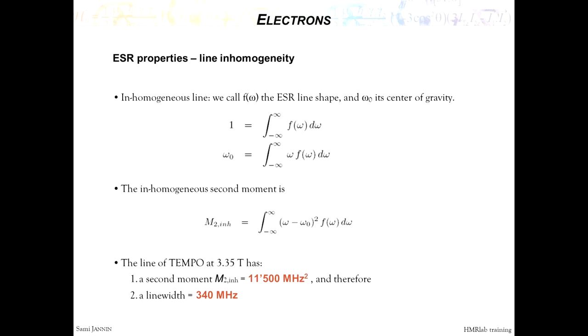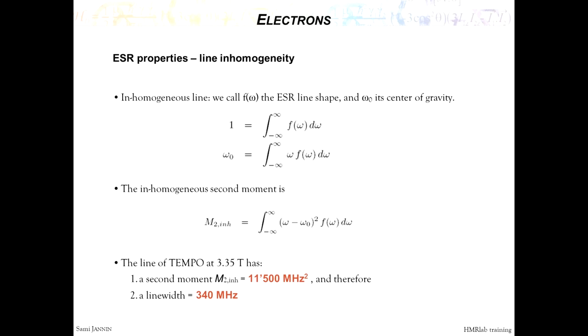And then we can define the second moment, which is the integral of delta omega squared with respect to the center of gravity times the intensity. This gives you basically the square of the width of the line. Even though the line is not a well-defined shape, you can get a number out of it, which is the width. So if you take the square root of this, you get a width.